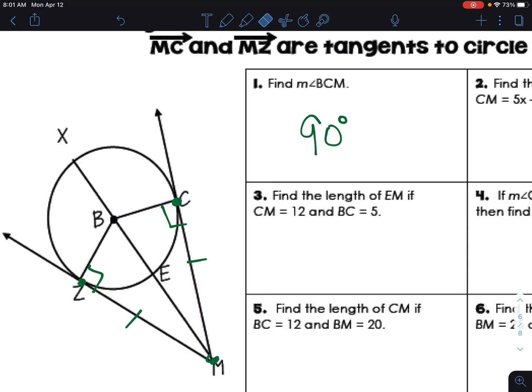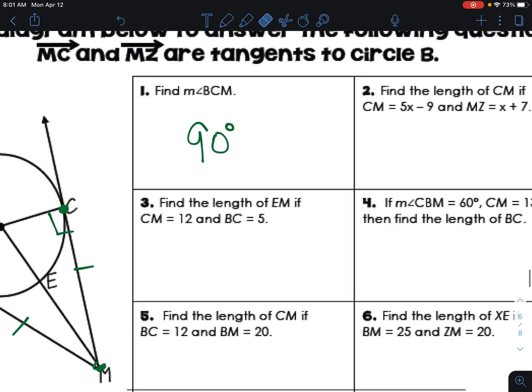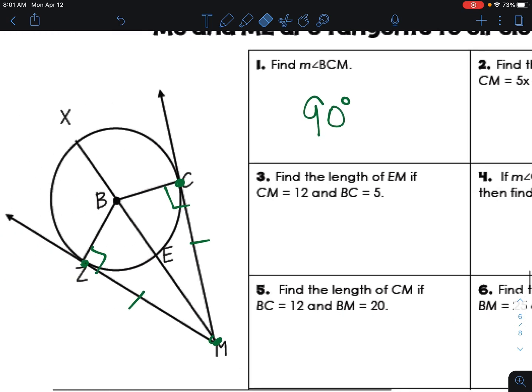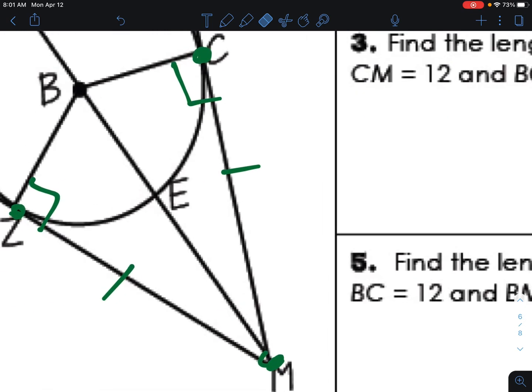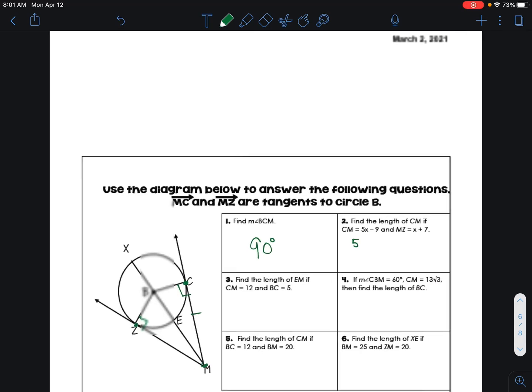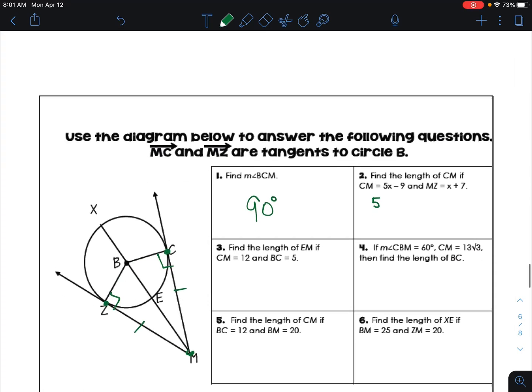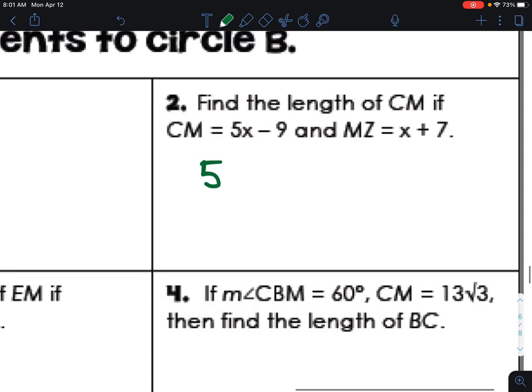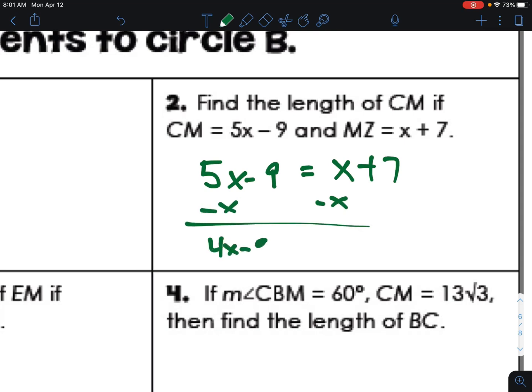Okay? Number 2, find the length of CM. Well, CM is congruent to ZM. So I'm going to make a little equation. They wrote it backwards, that's why it was tricking me up. 5x minus 9 is going to equal the other segment, because that's also tangent. And then we would subtract x. 4x minus 9 equals 7.